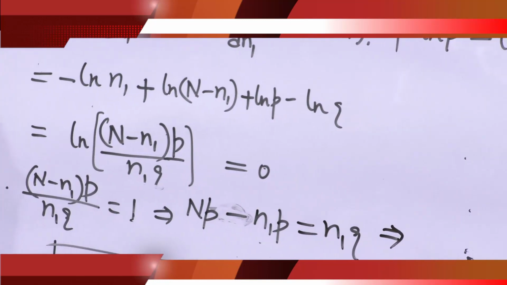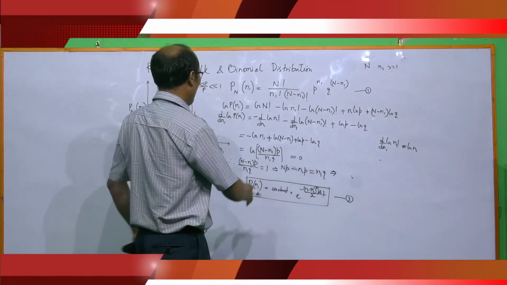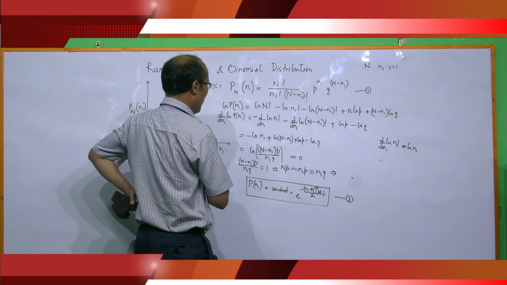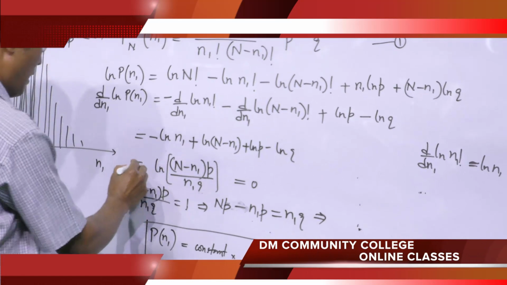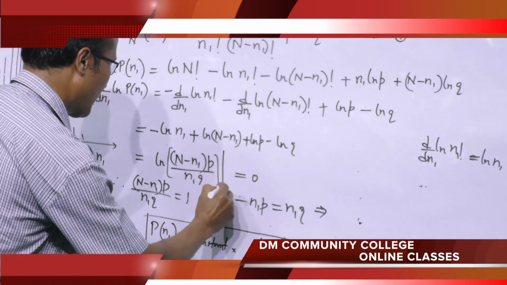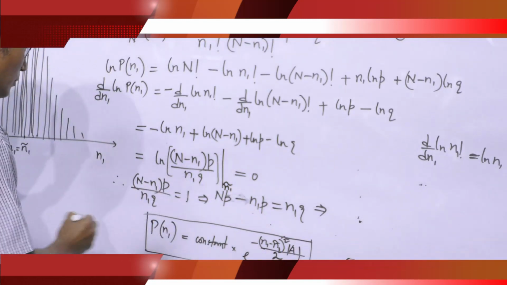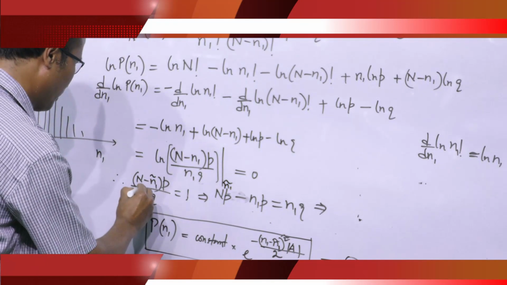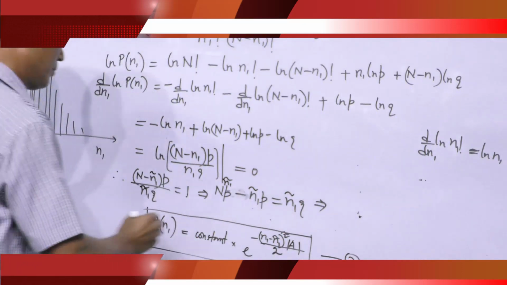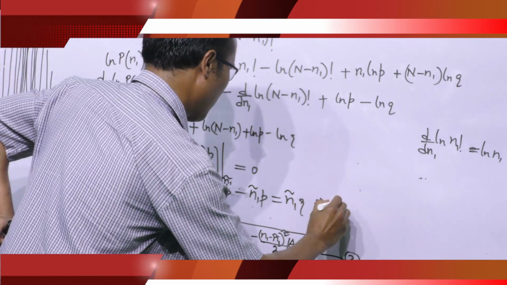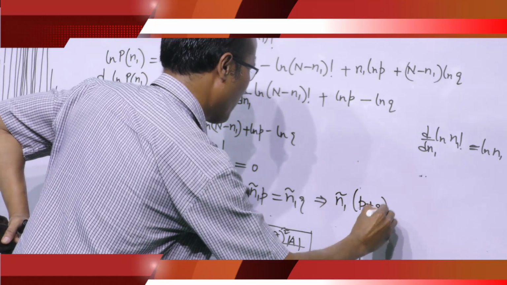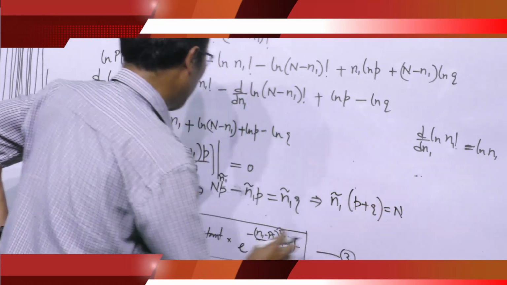And again we are calculating this value at n1 tilde, evaluated at n1 tilde equal to 0. So I must have n1 tilde everywhere. This gives n1 tilde times (p plus q) is equal to N times p.